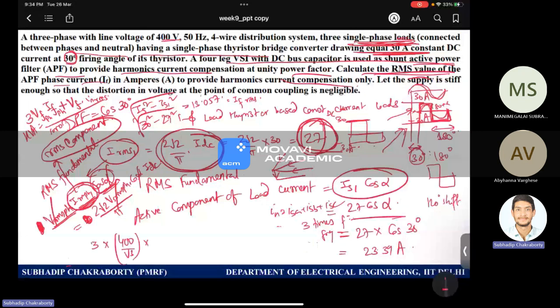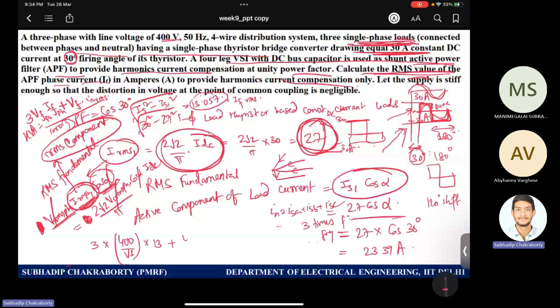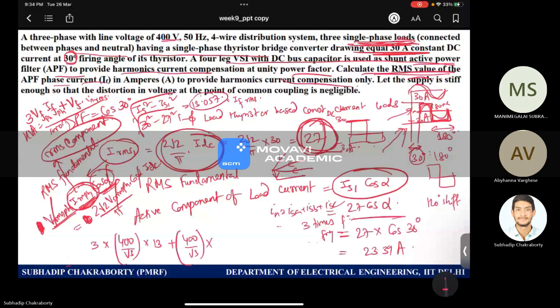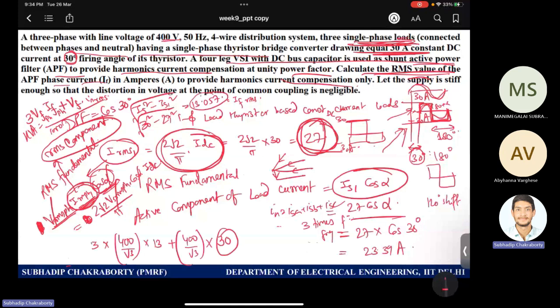What was it? 13 from here. Plus V filter RMS into your neutral current, which in this case is 30, and is a square wave. This will be your filter current for the 3 phases, and for the neutral the current will be like this.